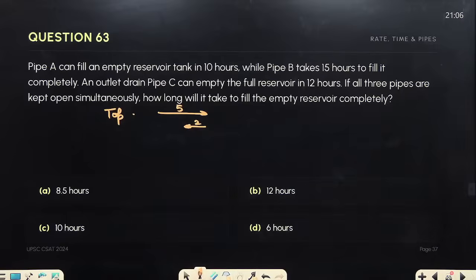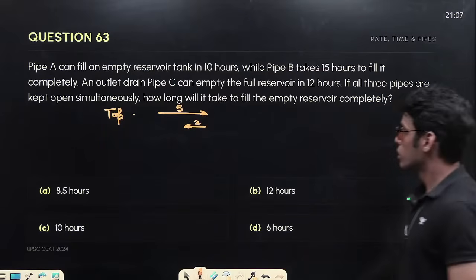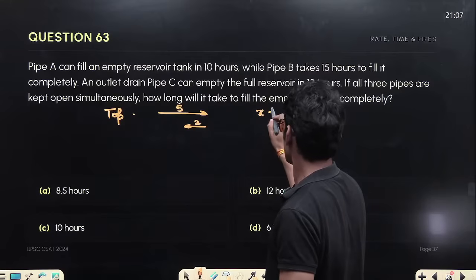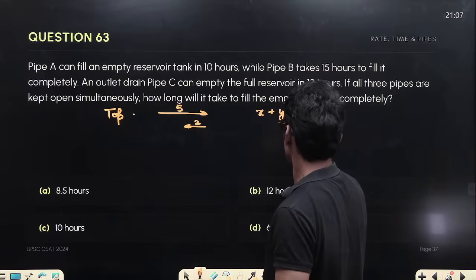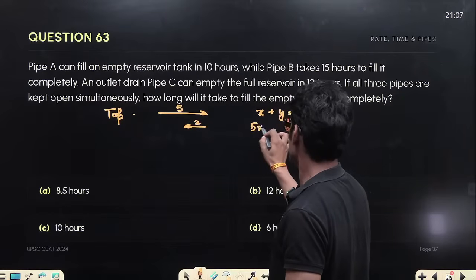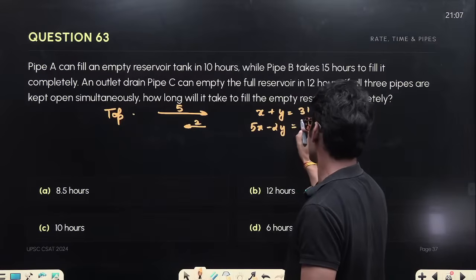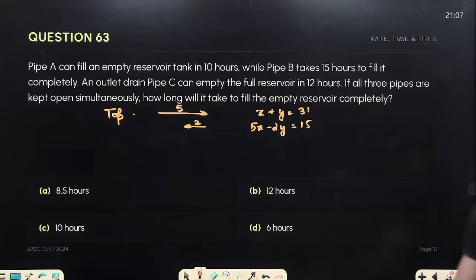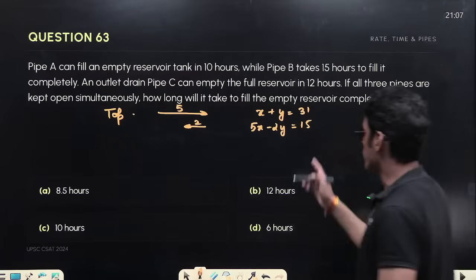This is what is written, right? In 31 jumps, his net movement is 15 feet. This is written, 15 feet.